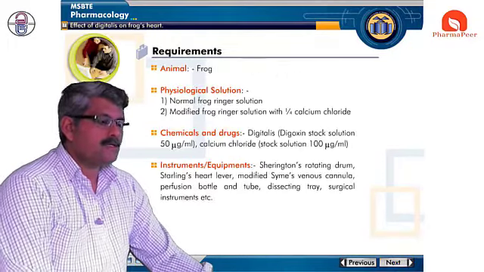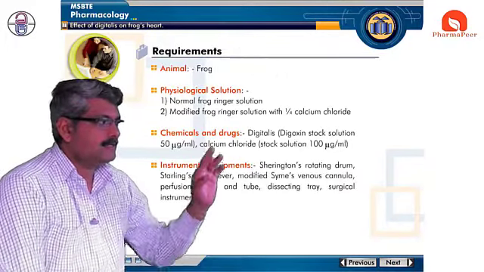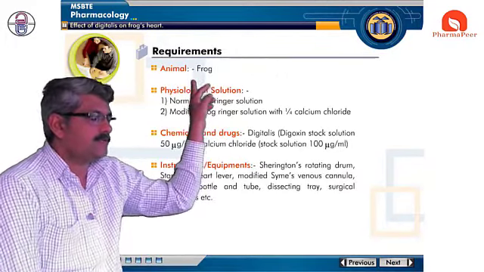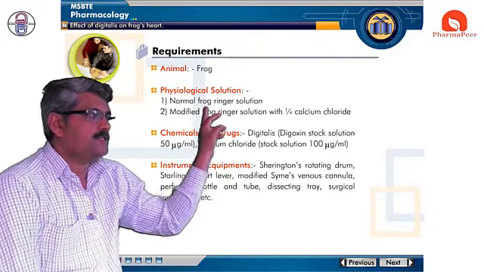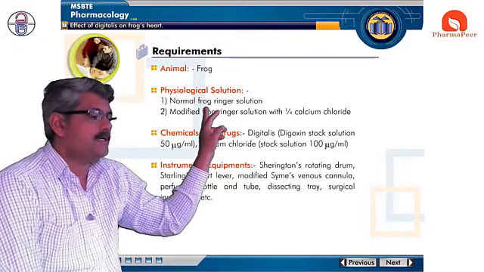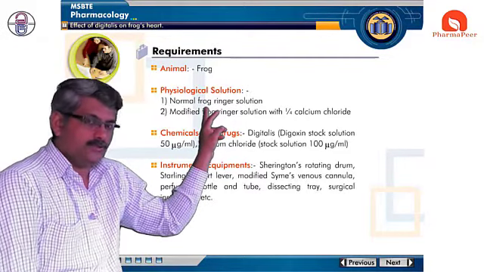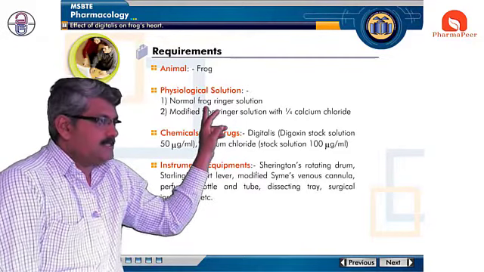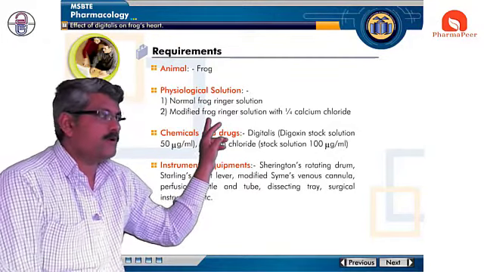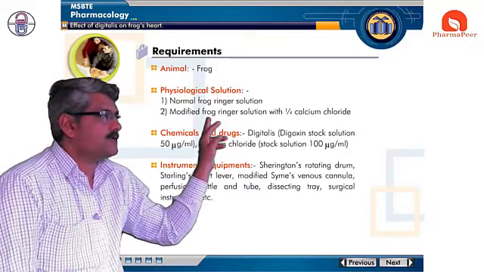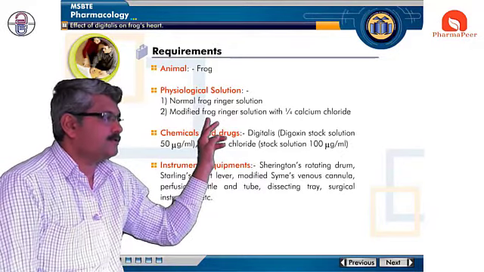For that purpose, the requirement is that the animal we are going to use is a frog. As the frog is the animal, physiological salt solution must be used, the normal frog Ringer solution. In this experiment, additionally, we are going to use one more physiological salt solution that we call modified frog Ringer solution.